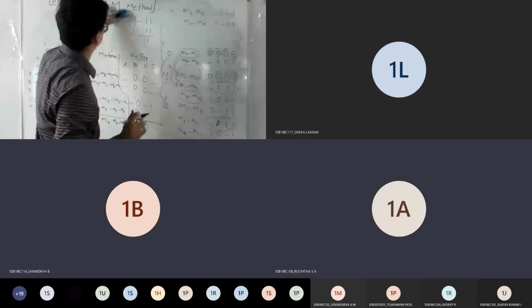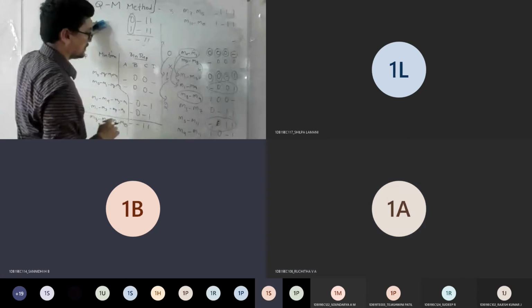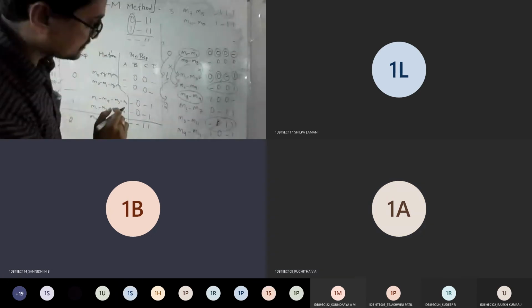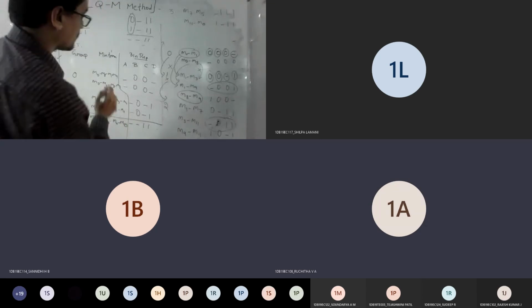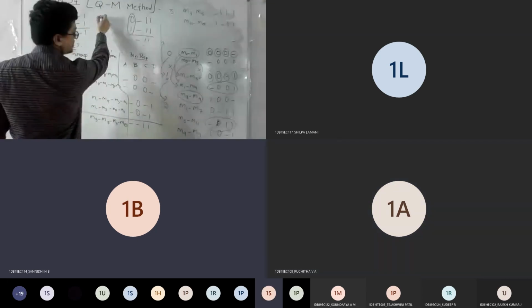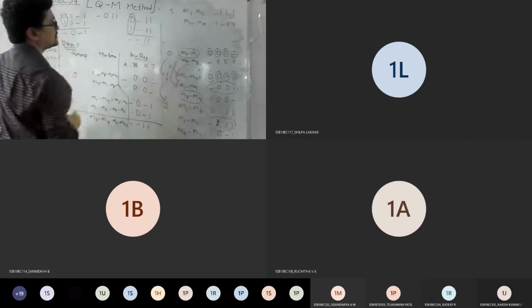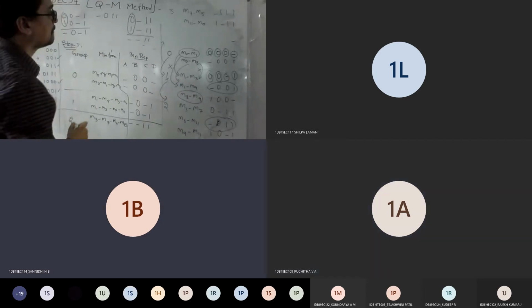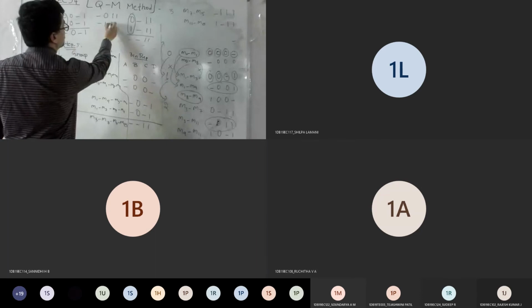M3, M11, M7, M15. Repeat. M3, M11, M7. So dash 0 1 1 with M7, M15, yes? Is it this one?